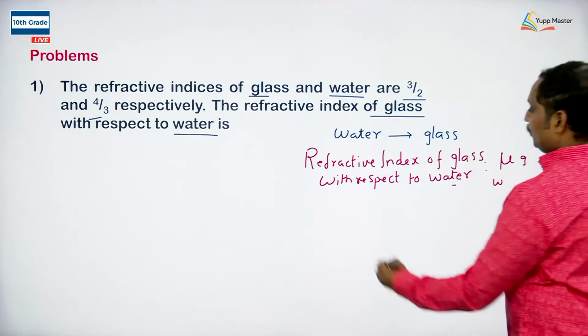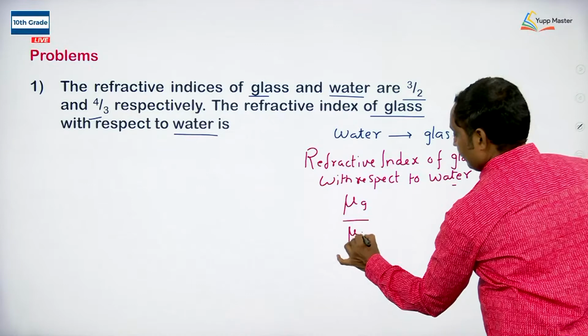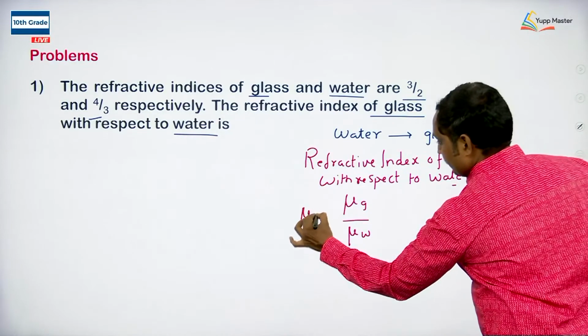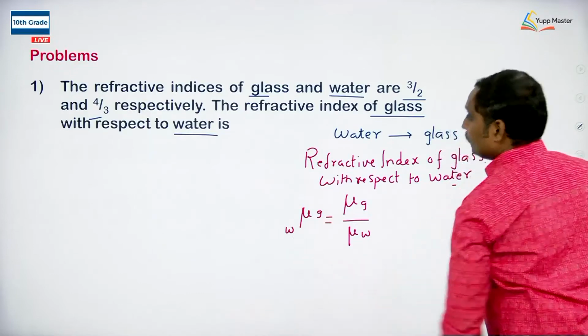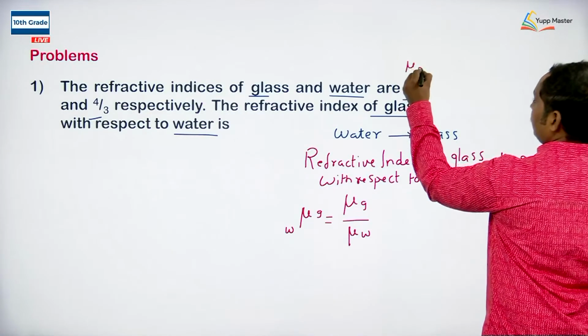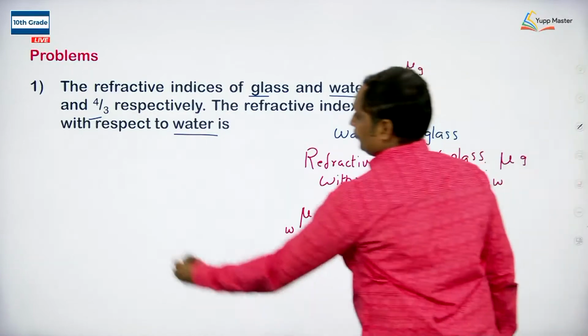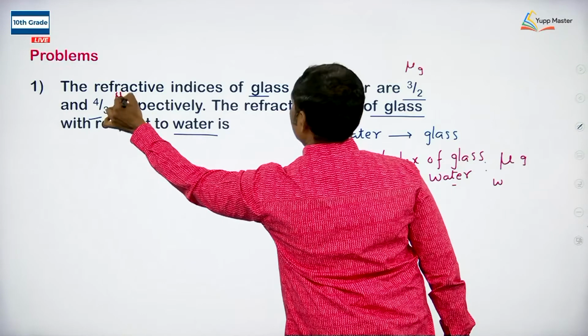Yes. Now you can take that mu G by mu W. They have given this is mu G and this is mu water.